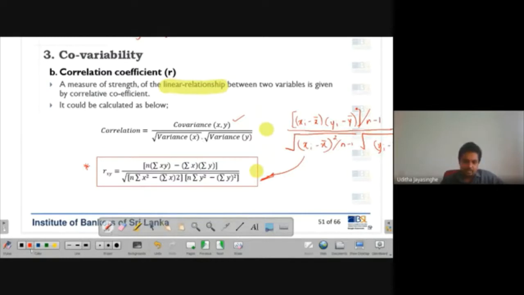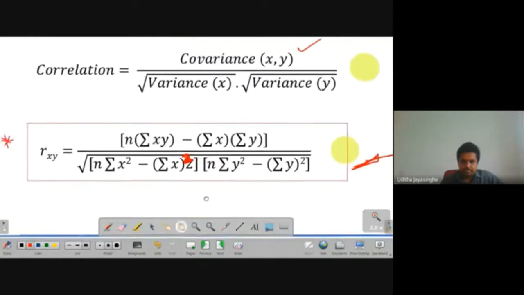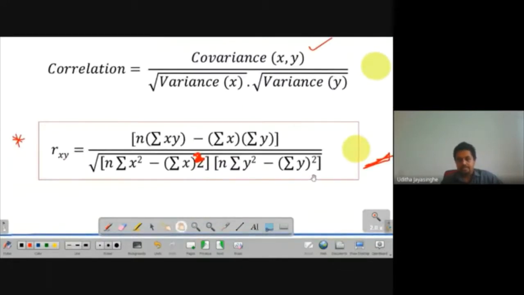Pardon me for this small typo. This has to be to the power 2. Let me zoom this equation a little bit. Yeah, now it's correct.